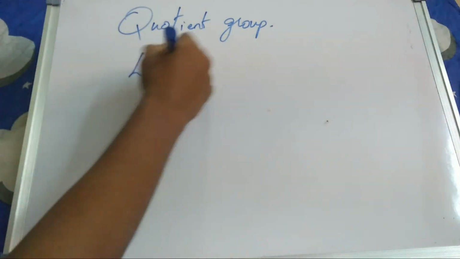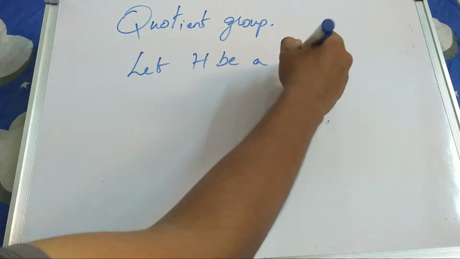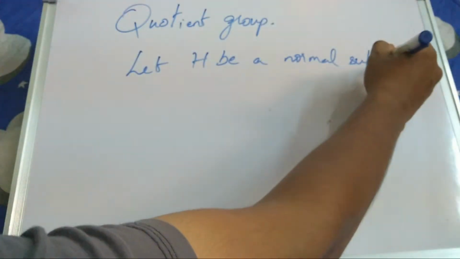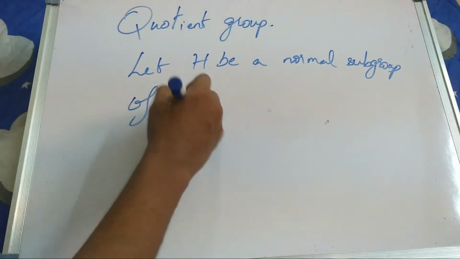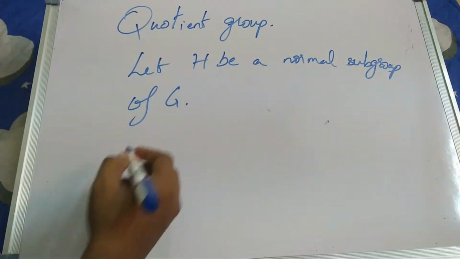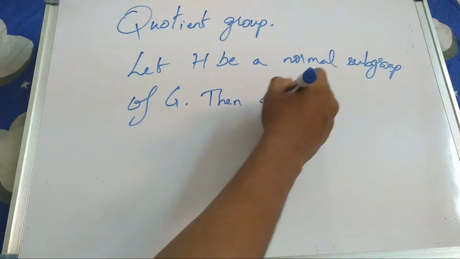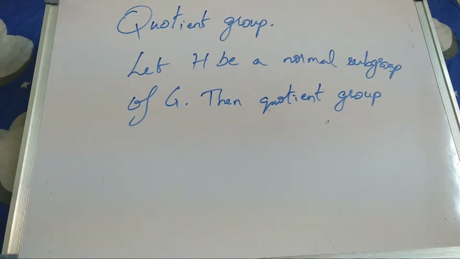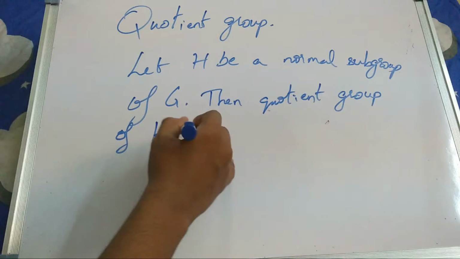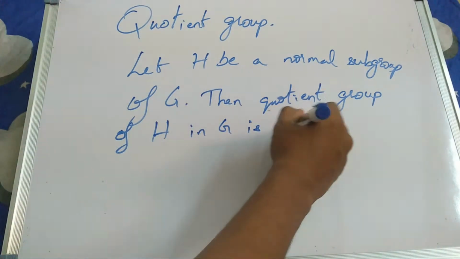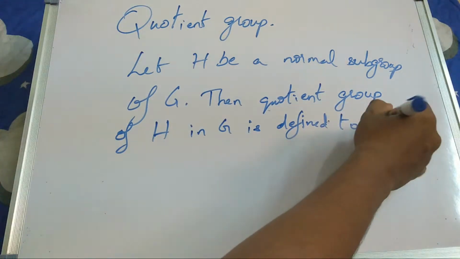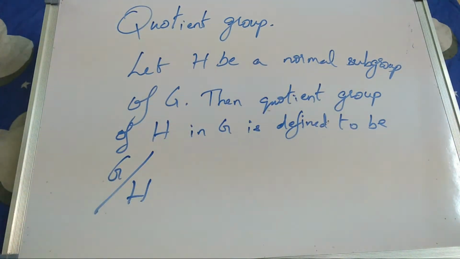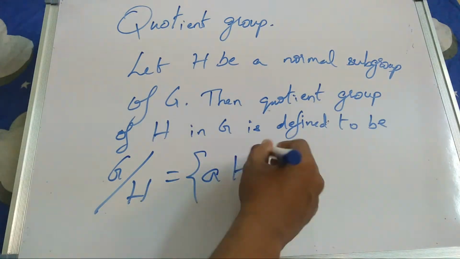So let H be a normal subgroup of G. Then the quotient group of H in G is defined to be G mod H. Some of them pronounce it as G mod H, and some of them pronounce it as G by H. Whatever it may be, this is nothing but a collection of all left cosets.